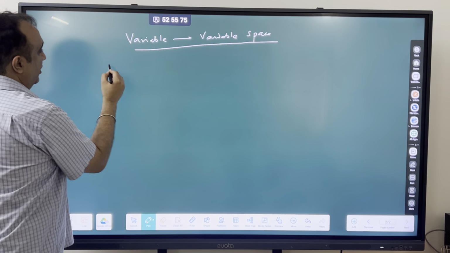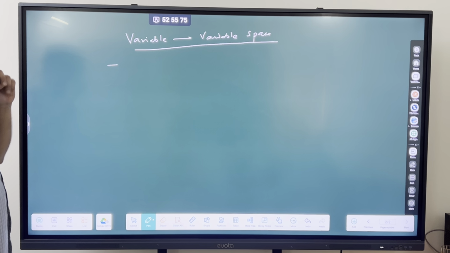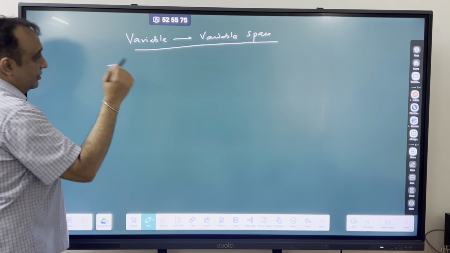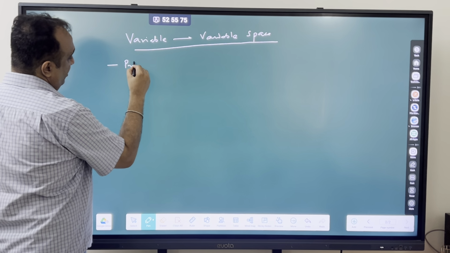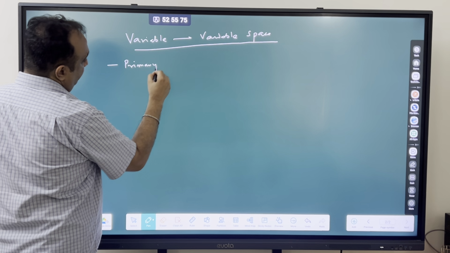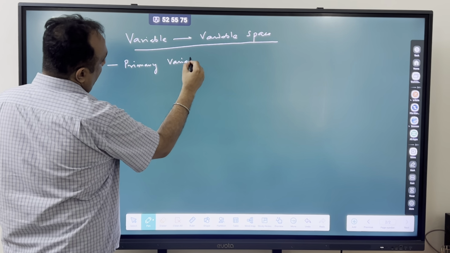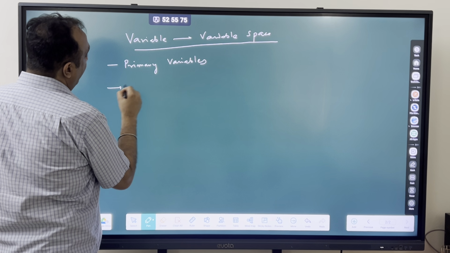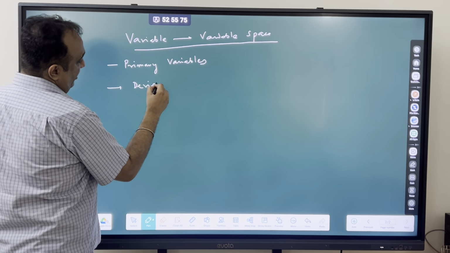In variable space, we would have primarily two types of things. One would be the primary variables. The other would be derived quantities, values or variables.